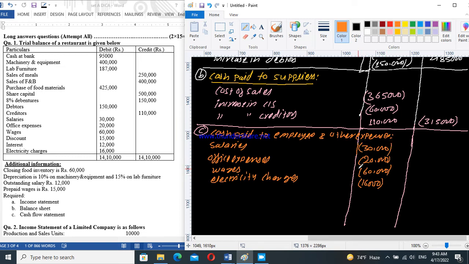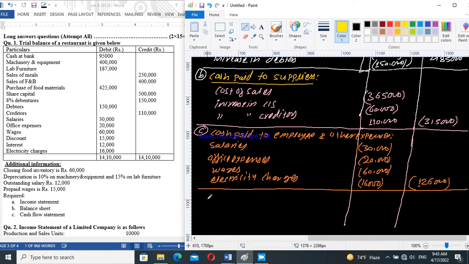Write down over here 30, 20, 60, 16. The combined value of cash paid to employees and other expenses is 1,26,000. This value is also negative. And move on.